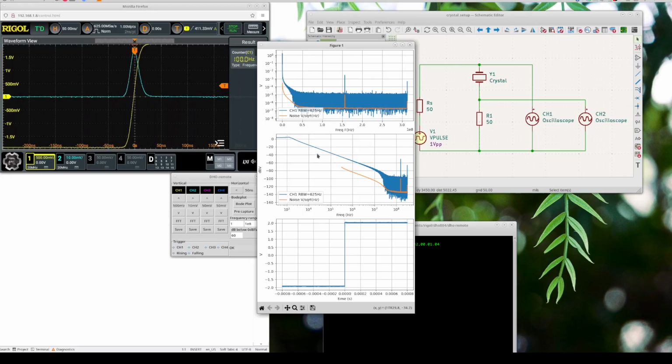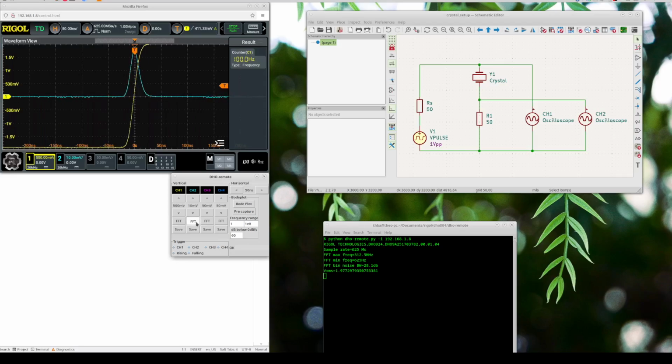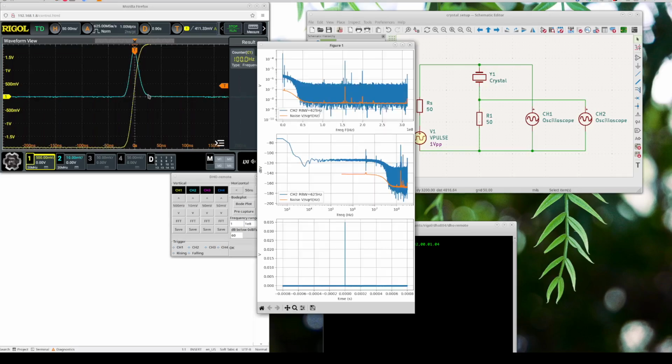It basically shows a decaying spectrum, a square wave on the input. And on channel 2, that's that tiny peak there. Basically you see a flat spectrum. That's because it is capacitive coupling.